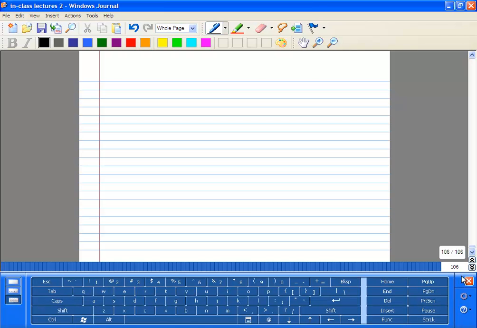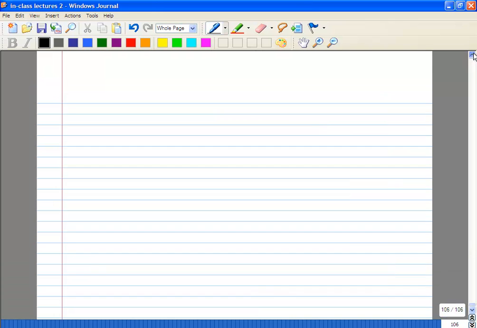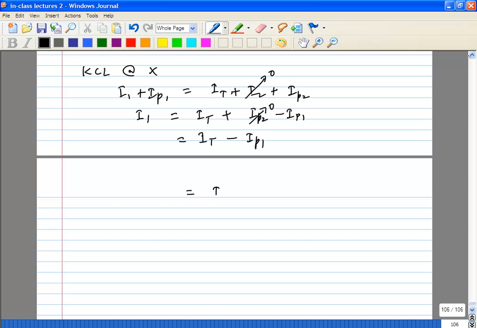Okay, not randomly neglecting IP2. What is this current? CGS1 times dV/dt. Okay, so this is called the displacement current.